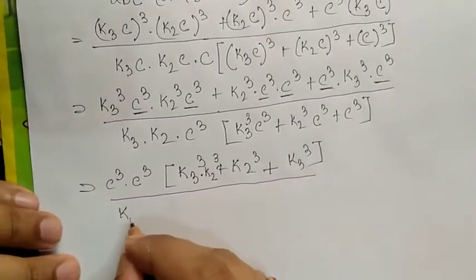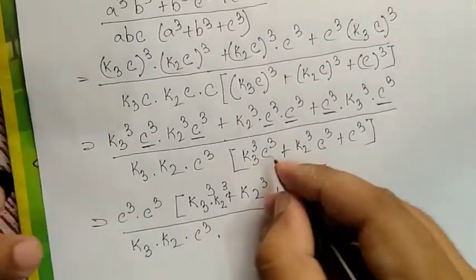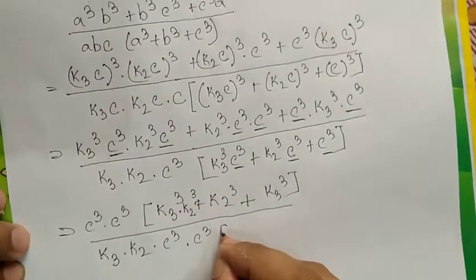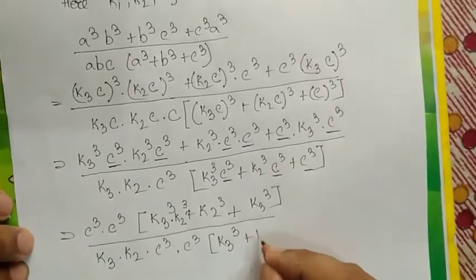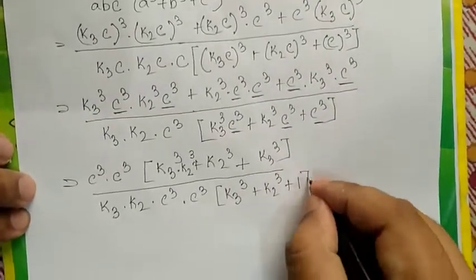And here K3 into K2 into C cube is common, so the remaining part is K3 cube plus K2 cube plus 1.